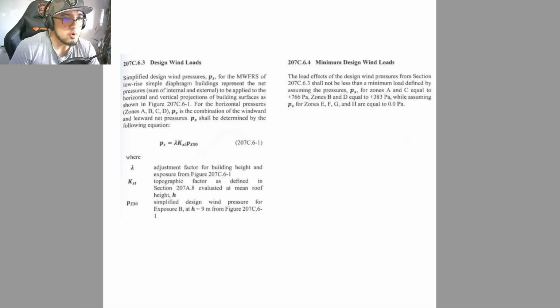What we will be doing in this video lecture is solving for the pressures manually using this equation, and then applying them in the form of member loads onto our beams using the tributary area method.